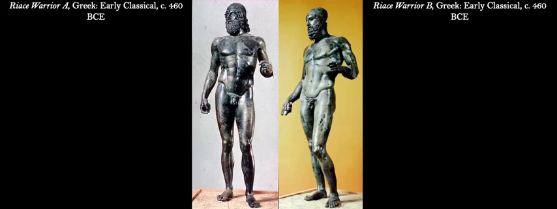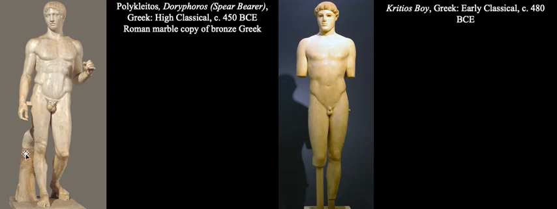There's two of them. We lovingly call them Warrior A and Warrior B. And bronze allowed, because these were cast in bronze, that they're free from the need for support that almost all marble statues are. So let me go back and show you this. The reason why this tree trunk exists here is because the stone isn't strong enough to keep him upright.